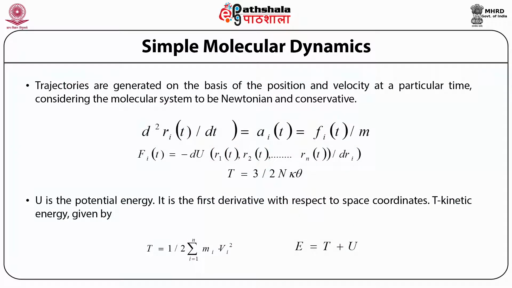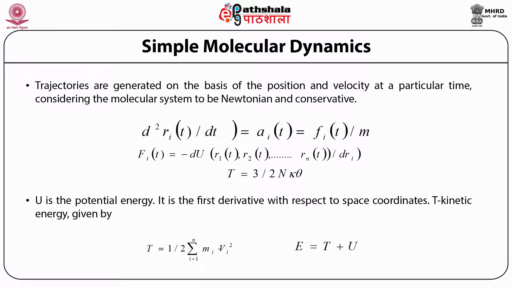In simple molecular dynamics, the trajectories are generated on the basis of position and velocity at a particular time, considering the molecular system to be Newtonian and conservative. In simple terms, it means that acceleration is equal to force upon mass, and force is equal to the first derivative of the potential energy.